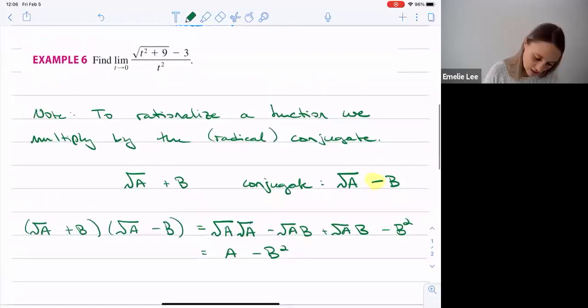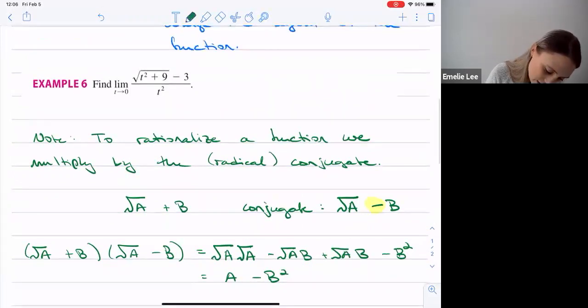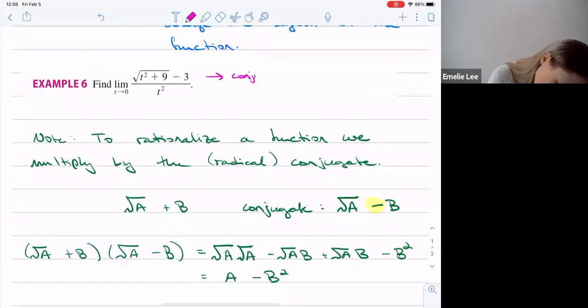So that's just a review on rationalizing, because I don't expect you to have brought that in here. The conjugate here is the root of t squared plus 9, and that's under the square root, plus 3.